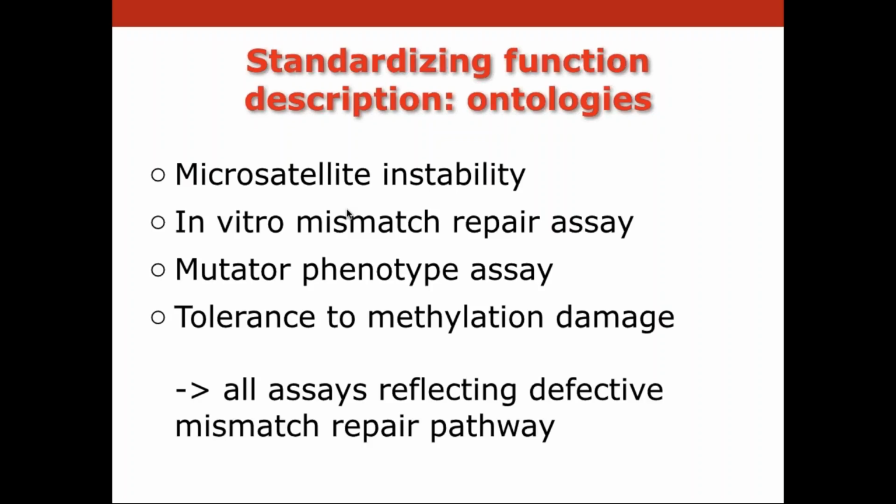In this case, I listed 4 different experiments: microsatellite instability, in vitro mismatch repair assay, mutator phenotype assay, and damage. These assays all reflect a defective mismatch repair pathway. So we believe that it's very important that these be captured in the same manner, even though there are 4 different experiments.